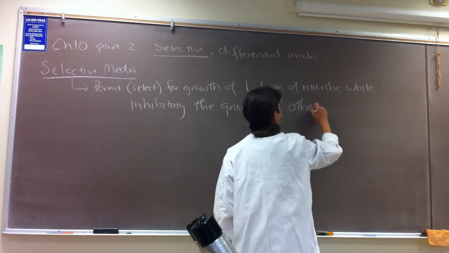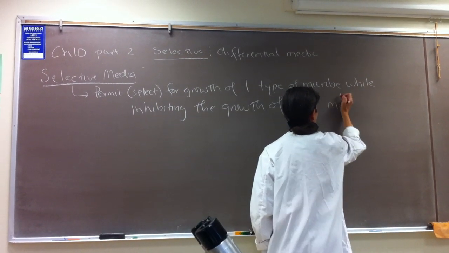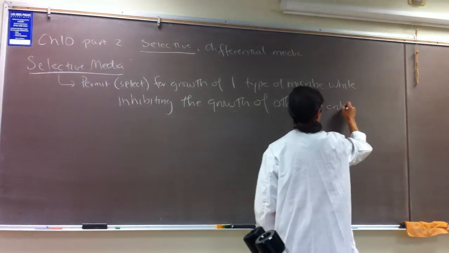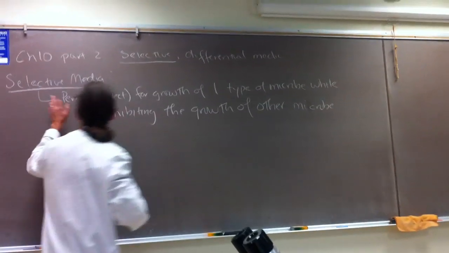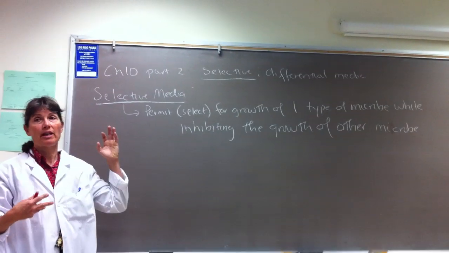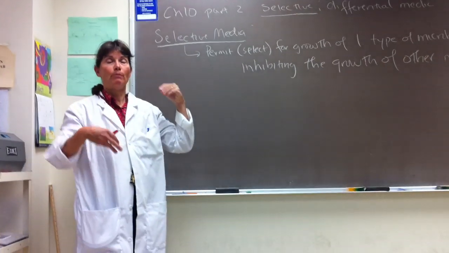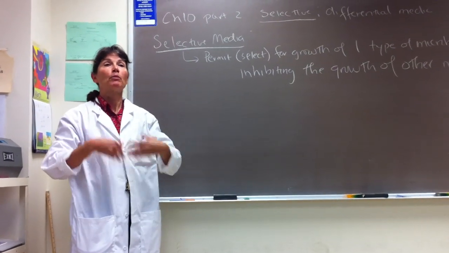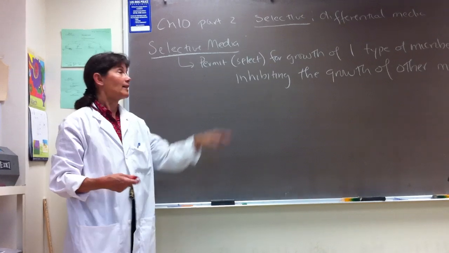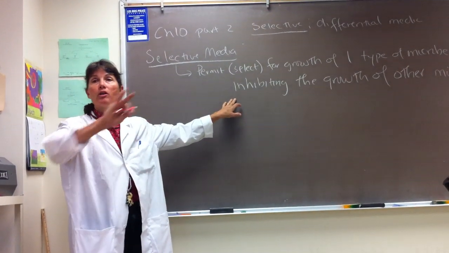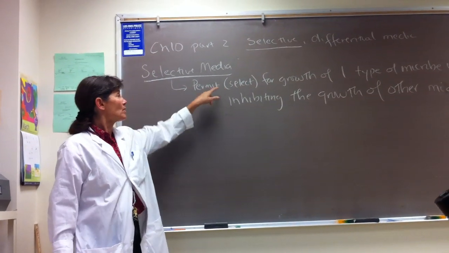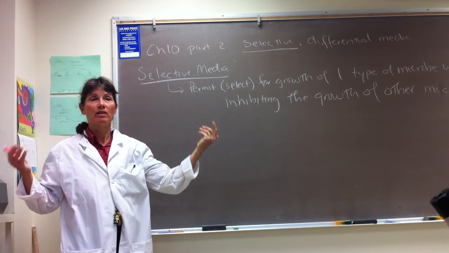And I know it's like, what the heck does that mean? But let's first make sure we have all the vocabulary under our belt. So when we use the term select, we're going to select for this one group of microbes. That means we're going to permit them to grow while inhibiting or stopping the growth of all other microbes. So select and inhibit, you can think of them as opposite.